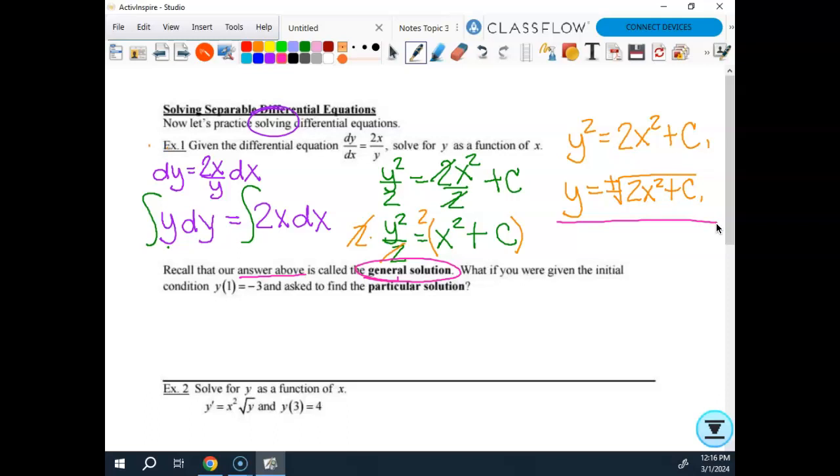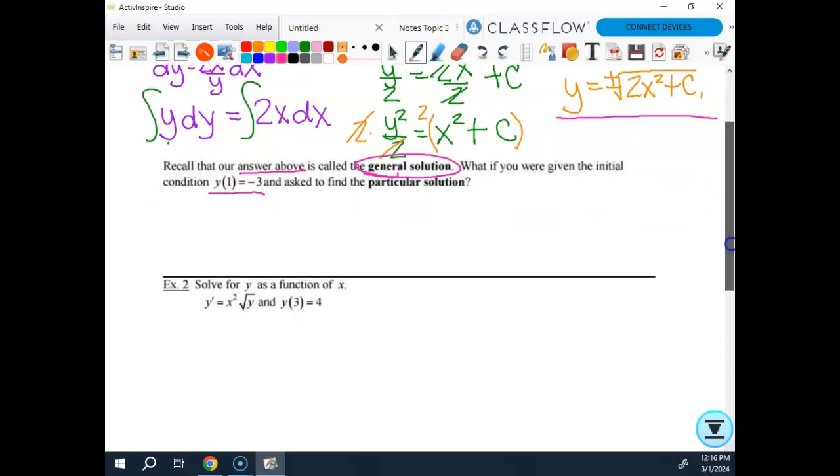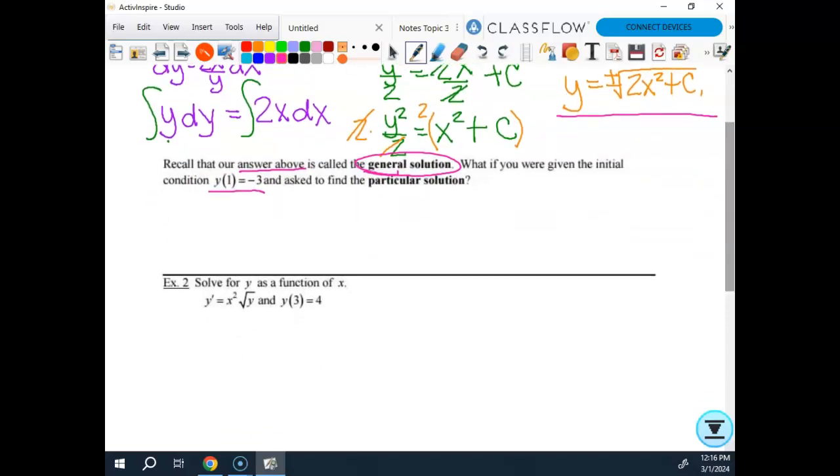So now we're going to be given an initial condition, like I showed you at the very beginning yesterday. We can say that y of 1 is equal to -3, and then we can find the particular solution, meaning we're finding c so we can get a real, live, actual situation here.